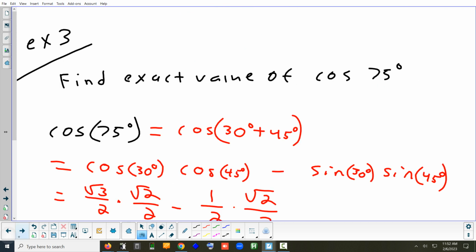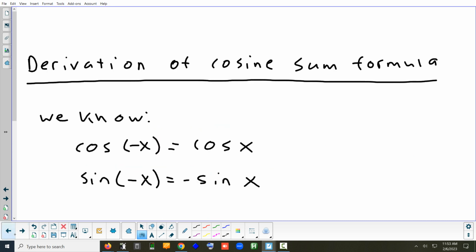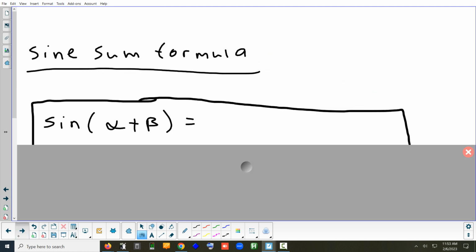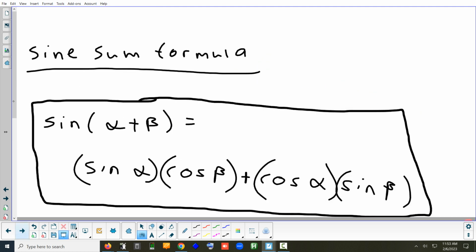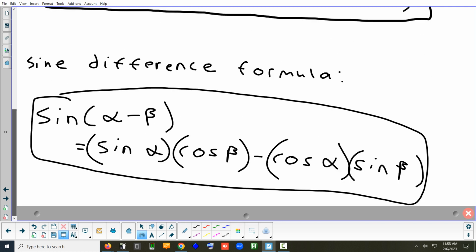And then I think I have the difference. That's what we did before. I wish I had my work from last year. I could just look real quick.